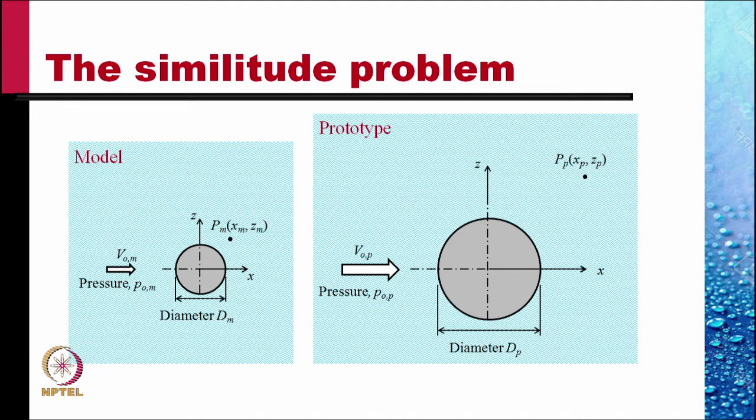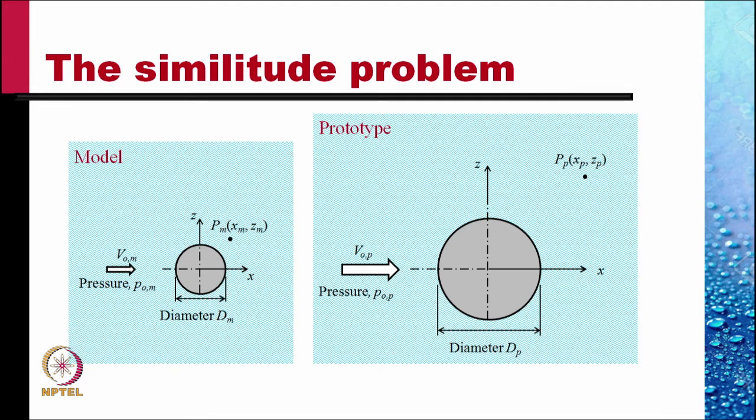Then we do our experiment with the model for a given value of velocity V0m, m for model, atmospheric pressure Pm, m for model, diameter Dm for model, and then from this predict what would be the results on the prototype.